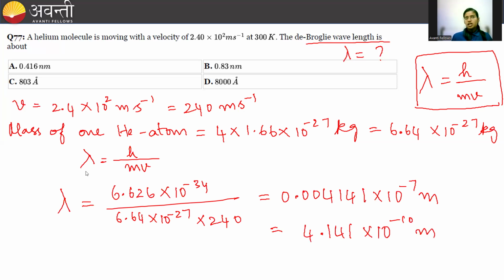Okay. And 1 meter is equal to 10 to the power 9 nanometer. So here I can put this value in terms of nanometer, and I will get the lambda value as 0.414 nanometer.